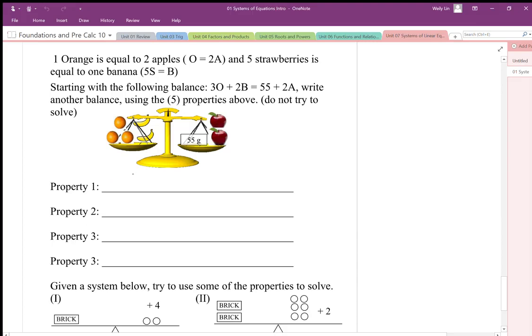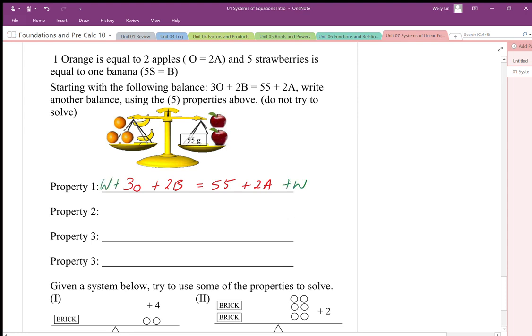So I have 3 oranges plus 2 bananas is balancing 55 grams and 2 apples. Okay, so maybe I'm going to make that a little O. Okay, so it doesn't look like 30. And I'm just going to add a watermelon to both sides.